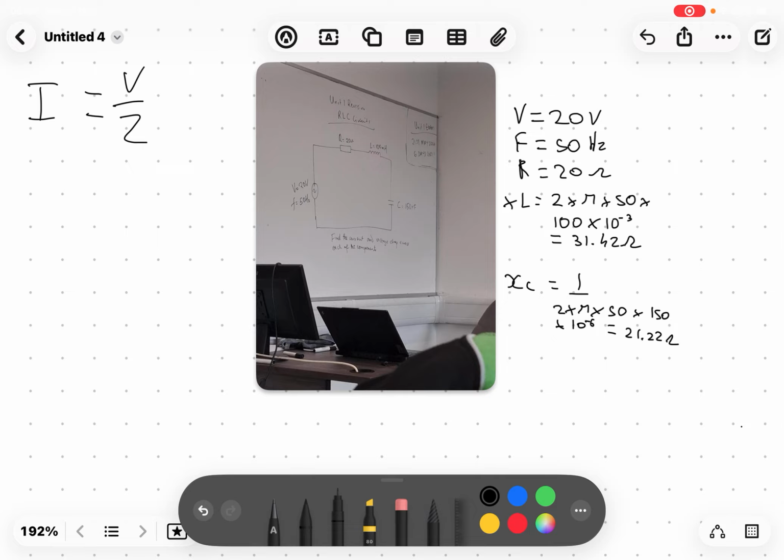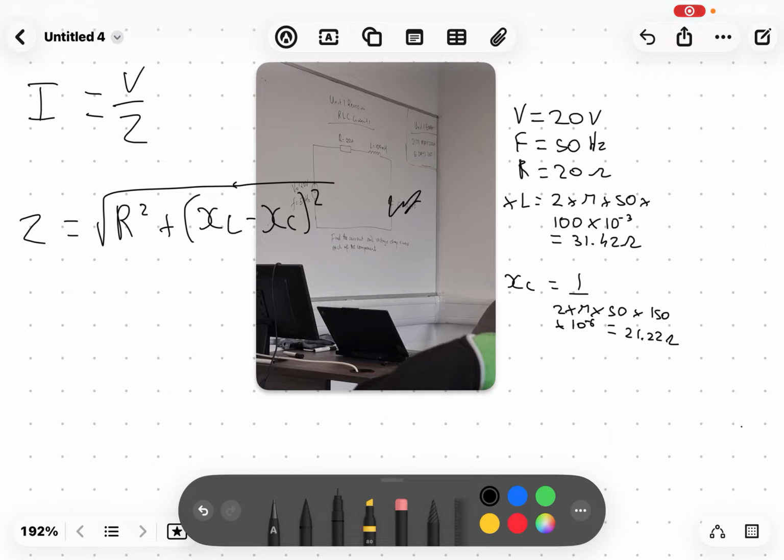But basically, how you work out Z, because we don't have Z anywhere here: Z equals the square root of R squared plus the difference of XL and XC, squared.